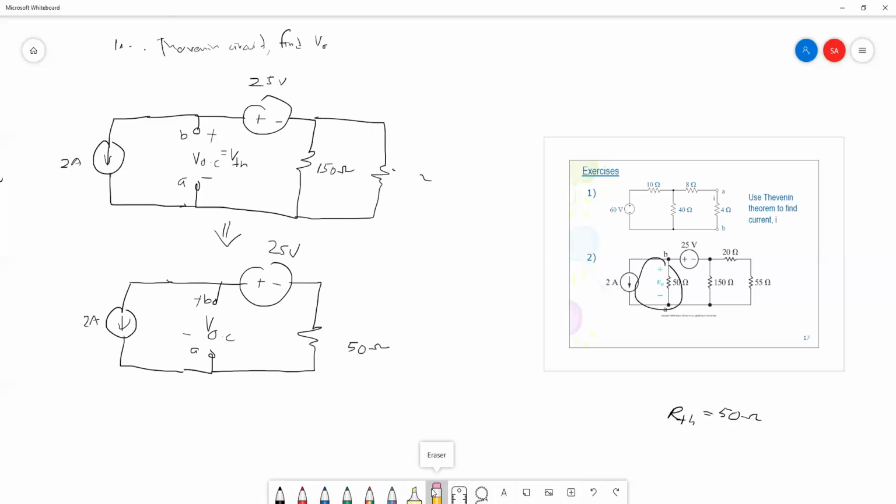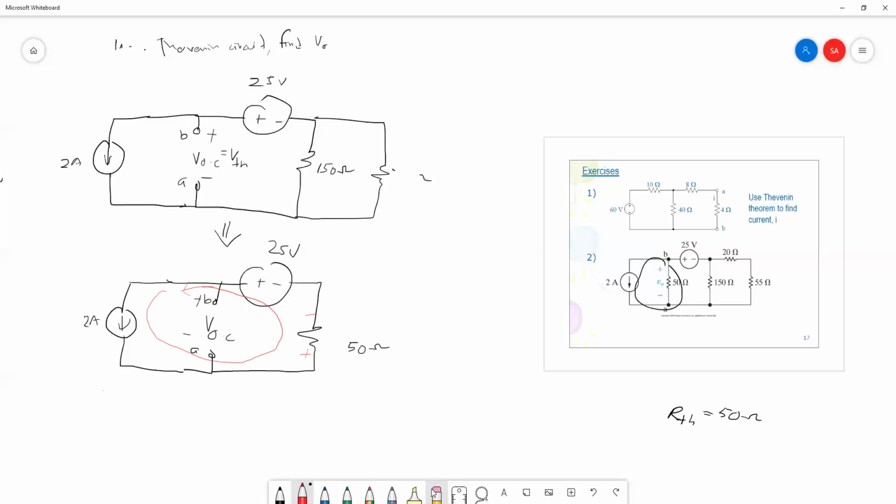Okay. So what to do next is you don't need anything, just use basic Ohm's law. As you can see here, this is just a single loop. The same current, 2 ampere, will flow through the 50 ohm and also the voltage source. Okay, in the counterclockwise direction. So that means that this is positive. So this is negative.